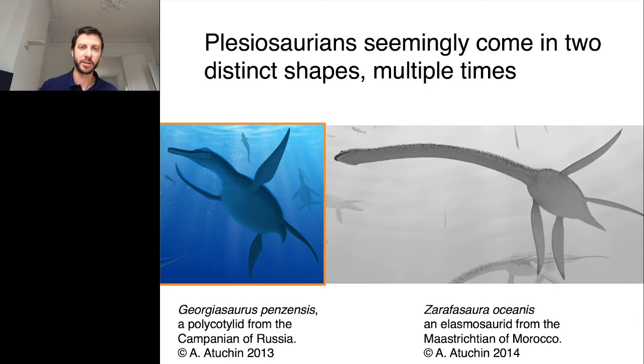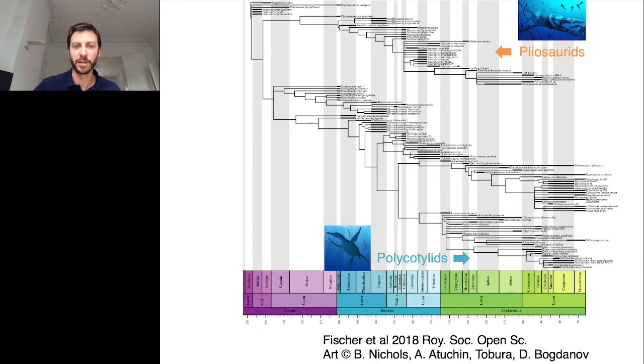So today we'll be focusing on the short-necked forms, and we have two main clades that belong to this group, which I call polycotylids, and you might see here that we have lots of very nice fossils in the US, and also the pliosaurids, which you might find at the top of the graph.